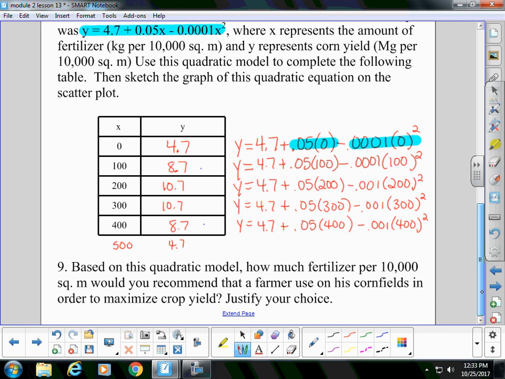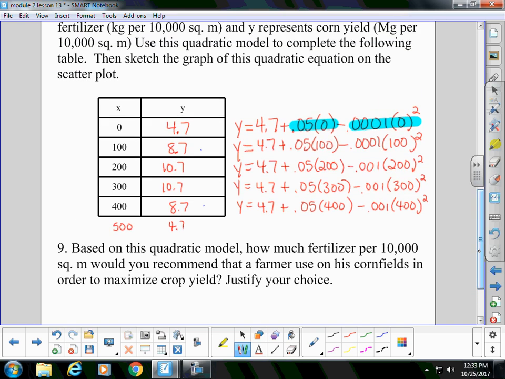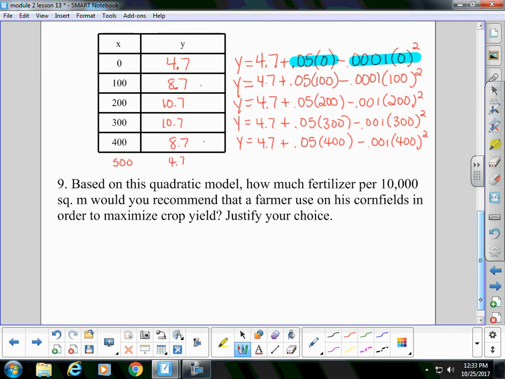So to maximize his crop, the maximum is actually going to be right in the middle of the 200 and 300, which would be at 250. So let's find out what we get when we plug in 250.